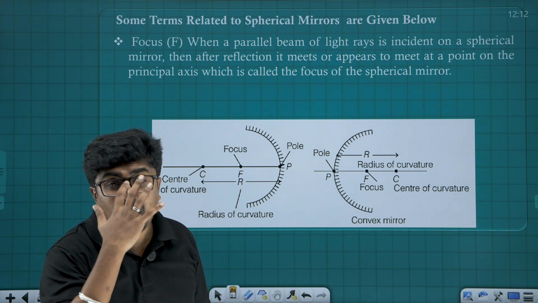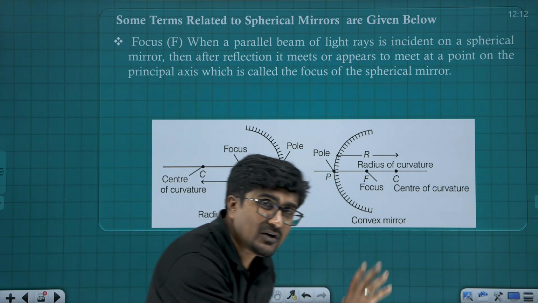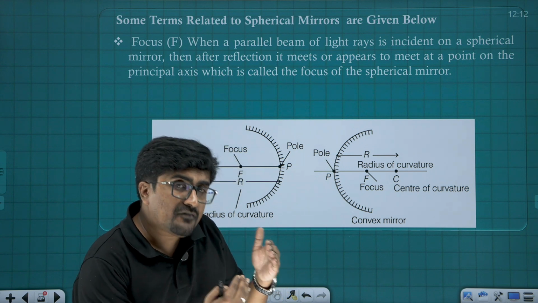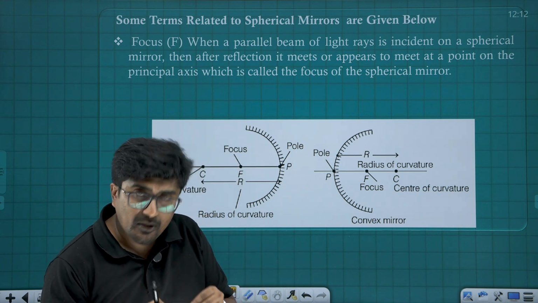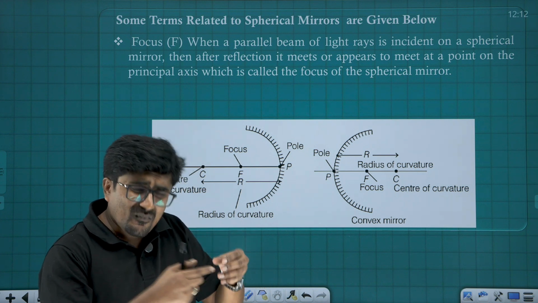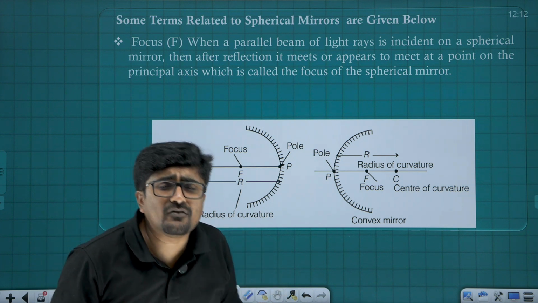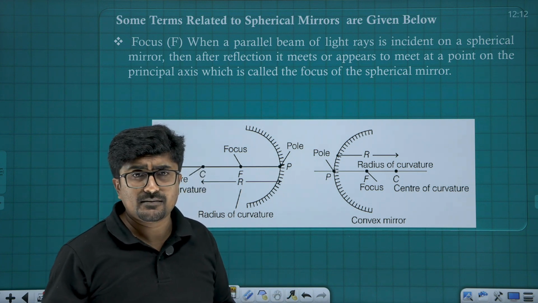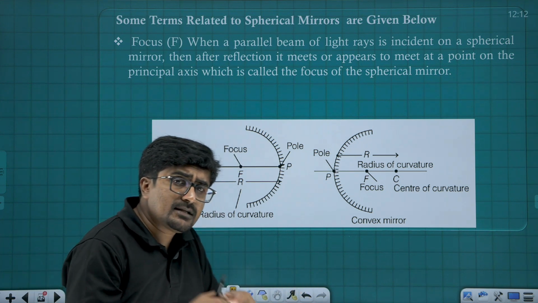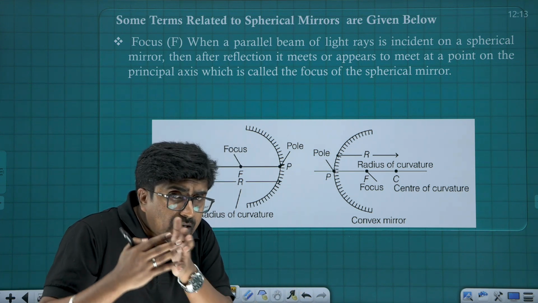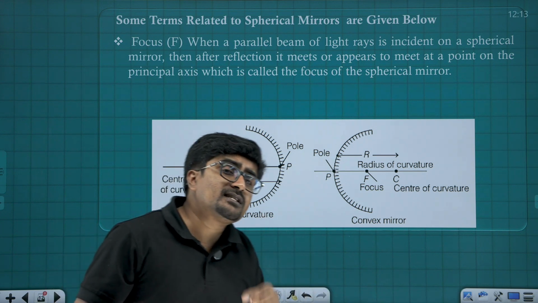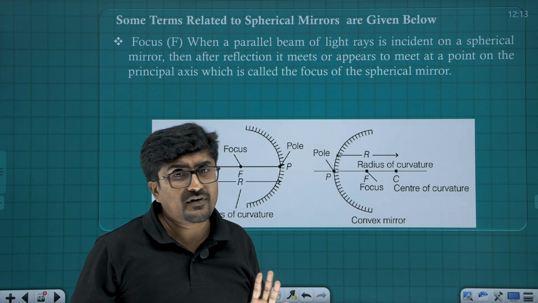Any light ray coming parallel to the principal axis, after reflection, either gets focused on one particular point on the principal axis, or seems to be diverging from a point on the principal axis. It converges onto a point for a concave mirror, and seems to diverge from a point on the principal axis for a convex mirror.